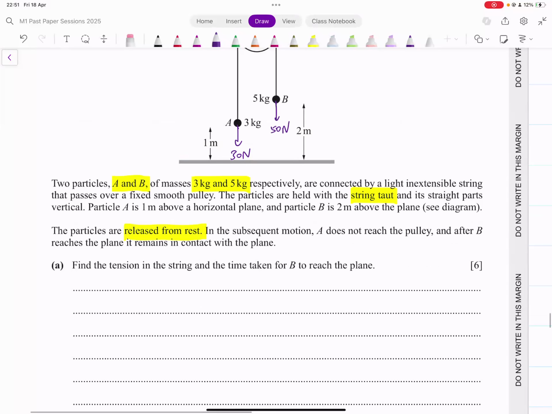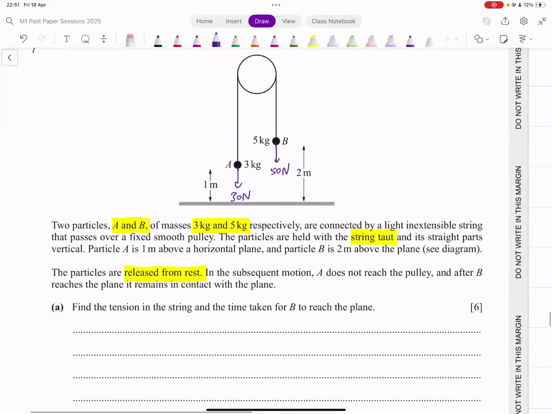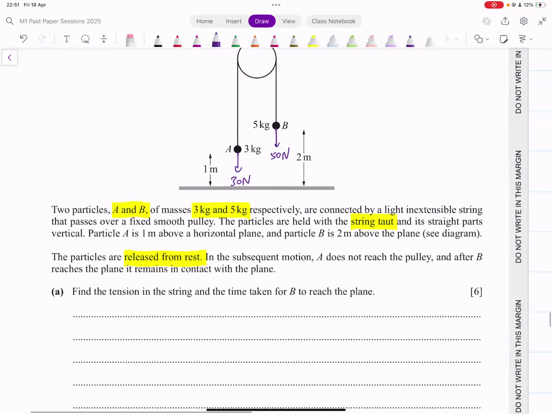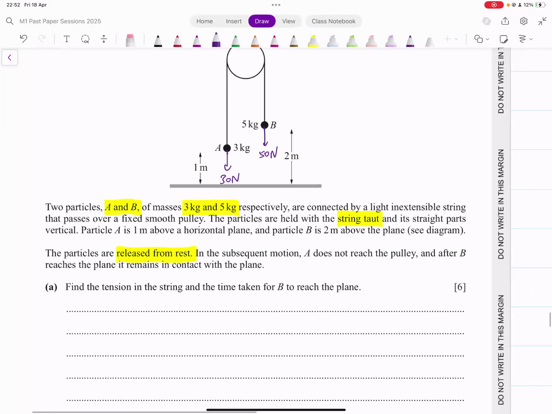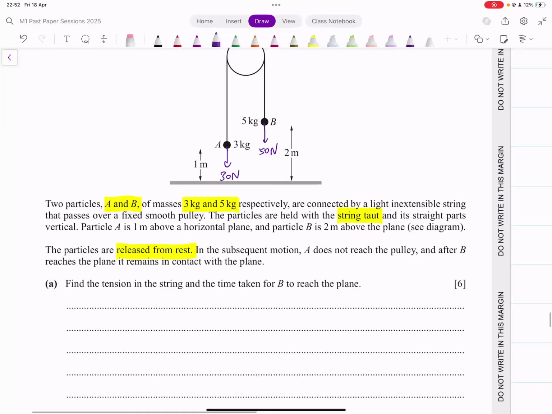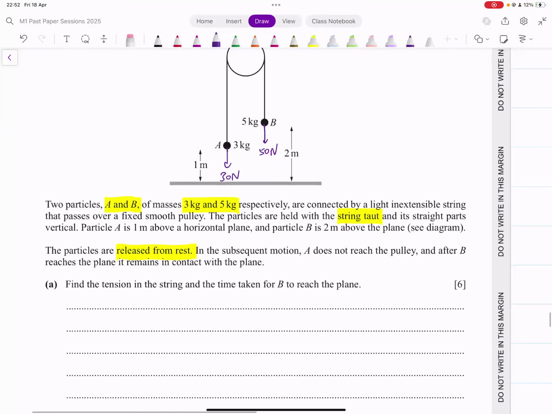So first of all, you've got two objects that are connected to each other. You've got particle A and you've got particle B. A is moving in the upwards direction, and B is moving in the downward direction.